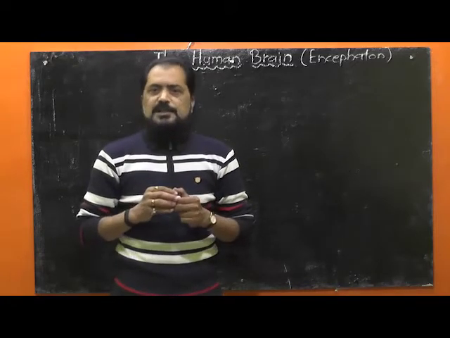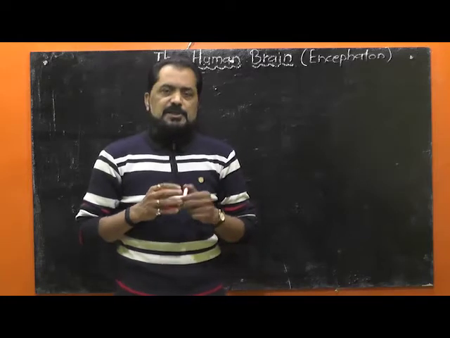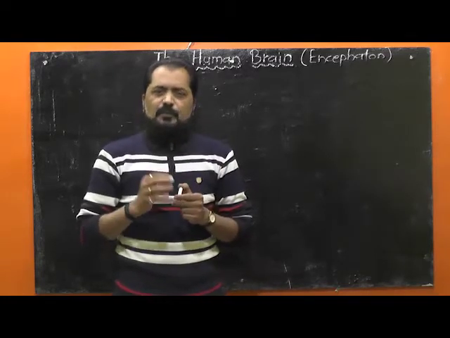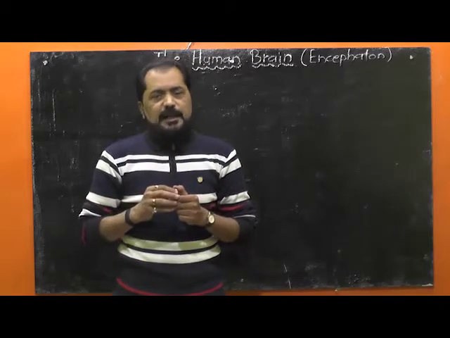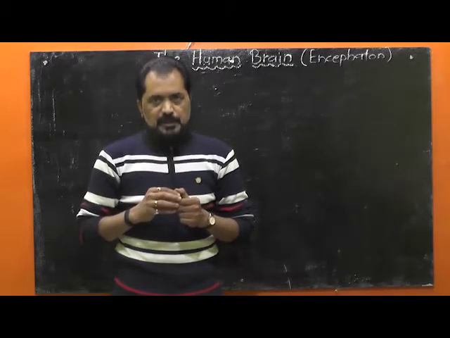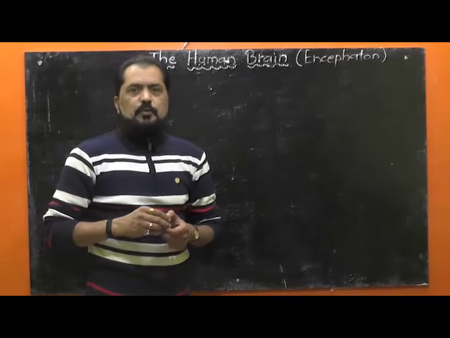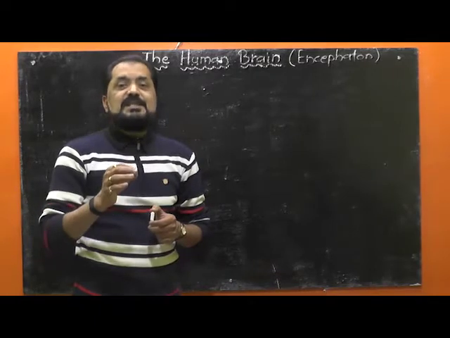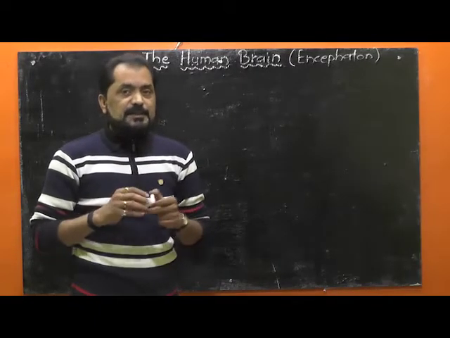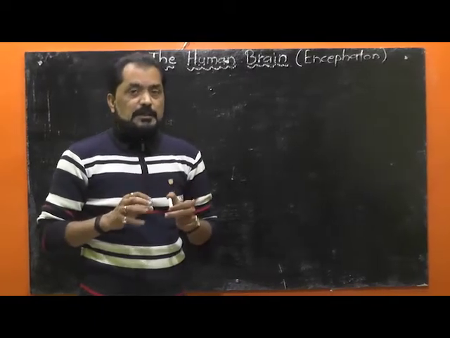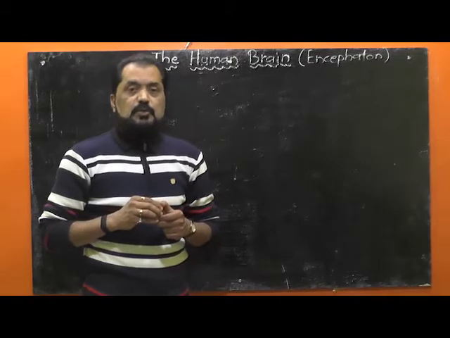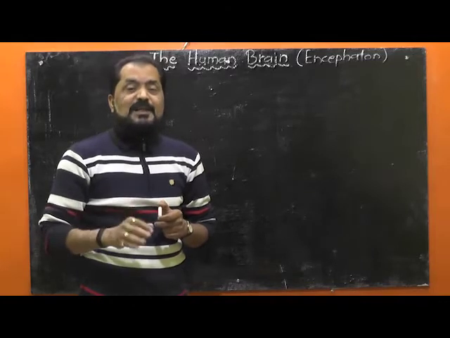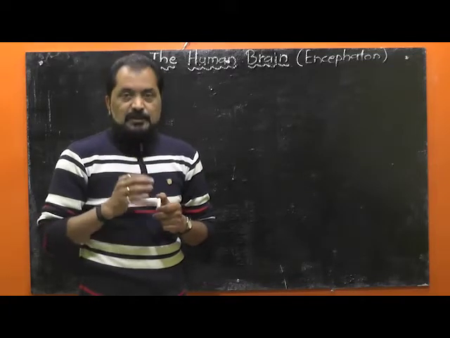So here I said that the brain is comparatively large, oval, slightly flattened, whitish to creamy colored, and it is hollow structure. It is said that the development of brain completes around the age of 6 years, and it is estimated, not yet sure, but it is estimated that the human brain contains about 30,000 million nerve cells.